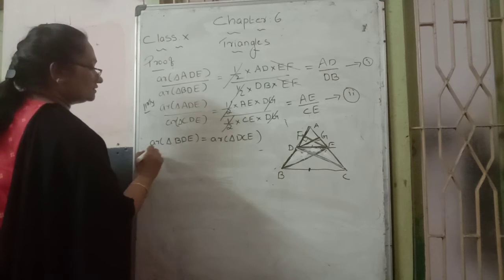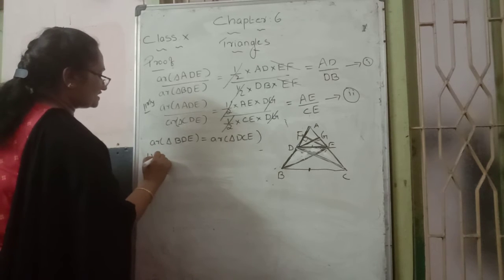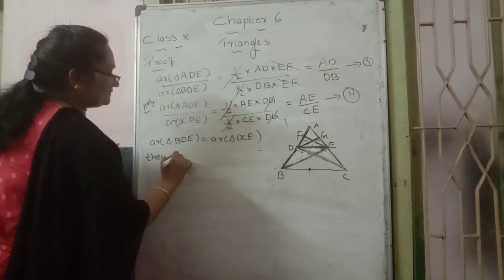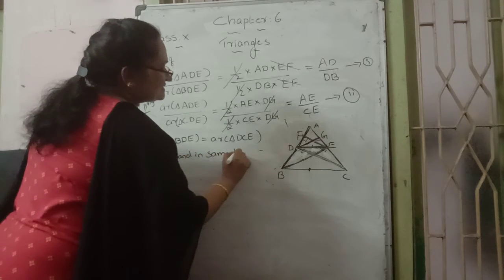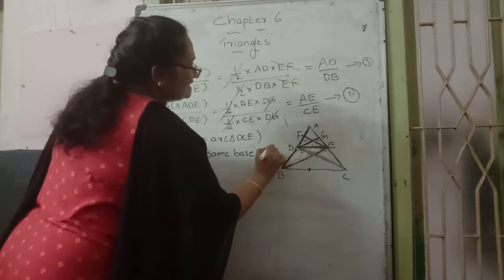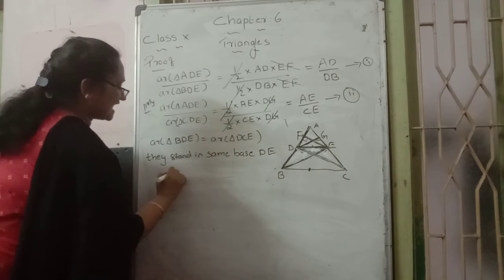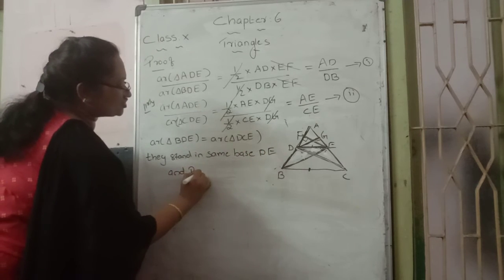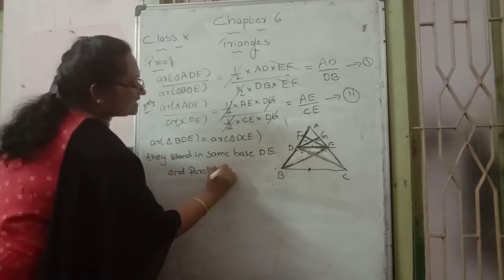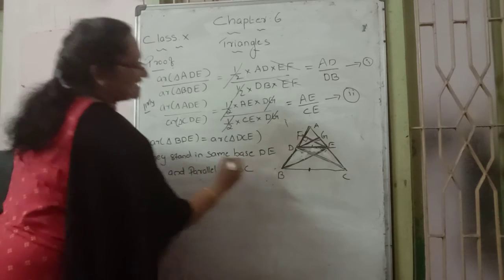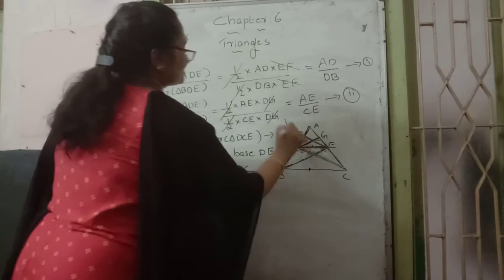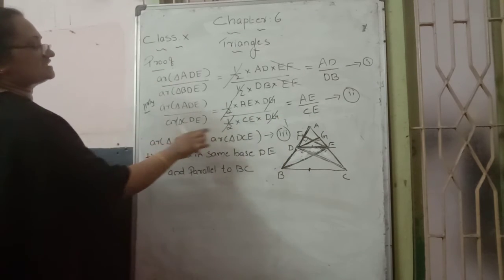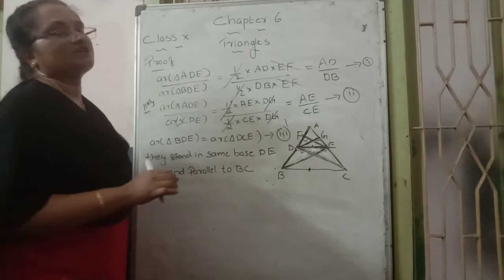They stand on the same base DE, and DE is parallel to side BC. That is the reason. Mark it as equation number 3. That's why we can say the two triangles are equal.